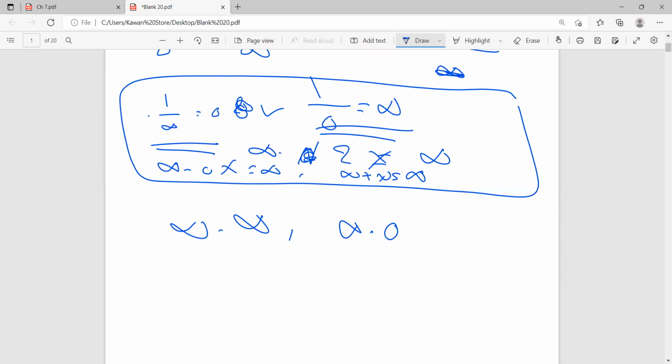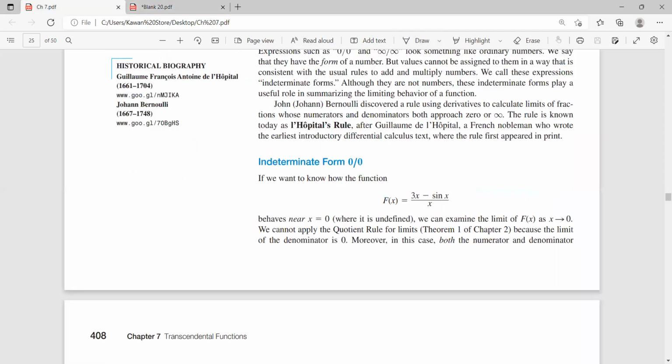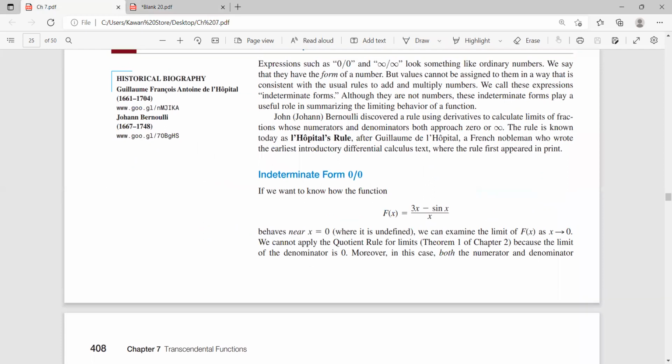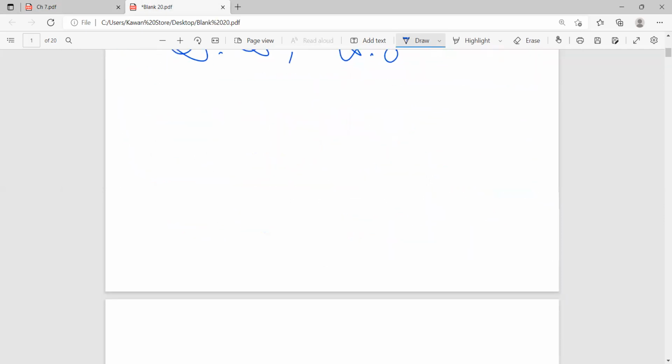So how many types do you have? Look at yours. You can see this is the first formula. I'm going to give you the general idea, then later we are going to go one by one. The first, for example, is the indeterminate form.